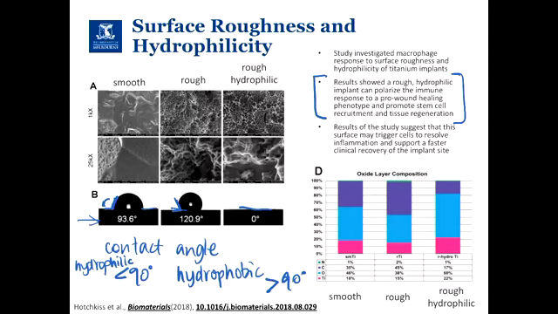So they were able to find that by not only making the surface rough, but then changing the chemistry of the surface, so you had something that was more hydrophilic than hydrophobic, you were able to modulate the immune response to the materials.